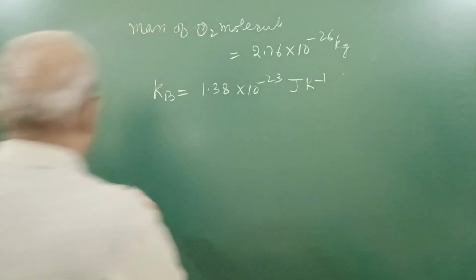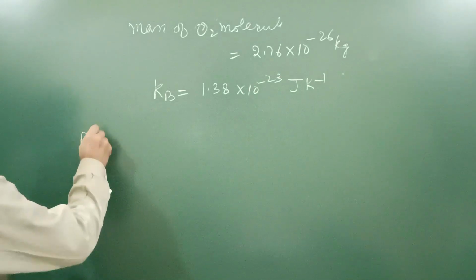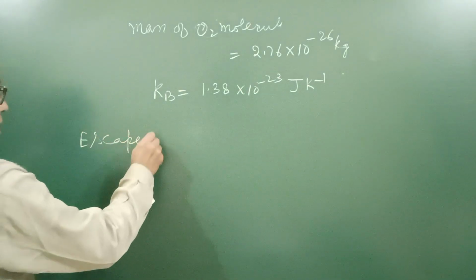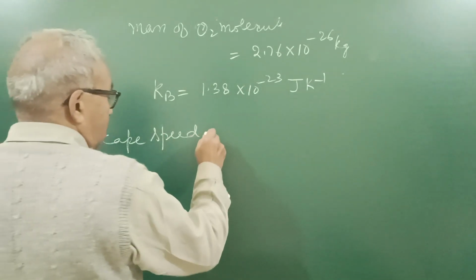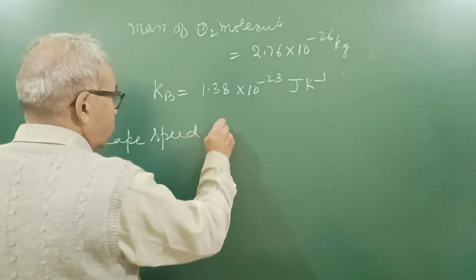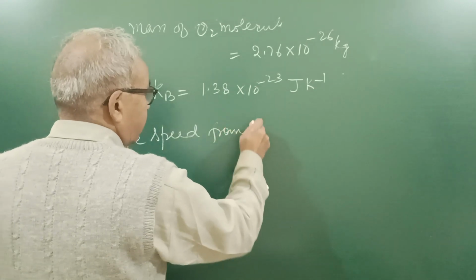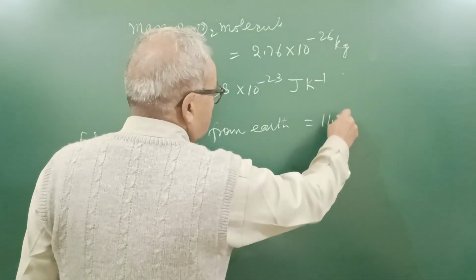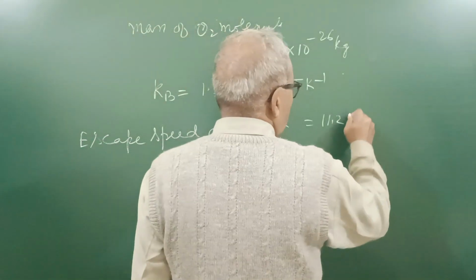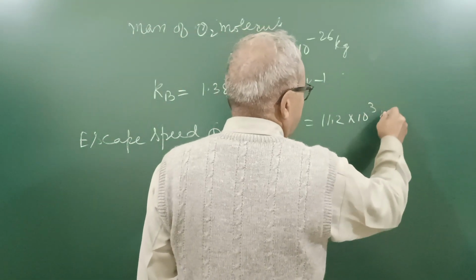You know the escape speed from Earth's surface, a topic of gravitational field. Escape speed from Earth is 11.2 × 10^3 meter per second.